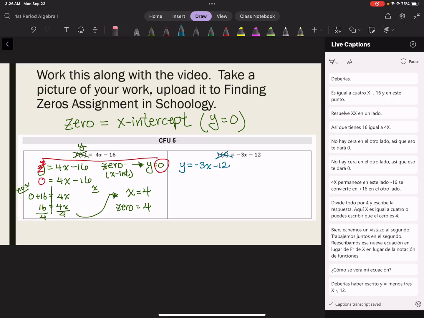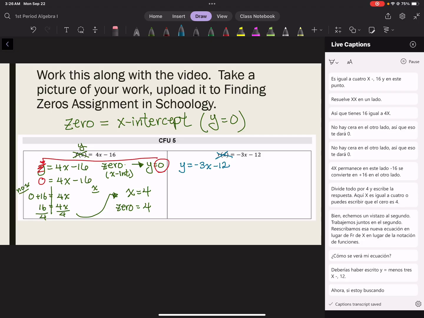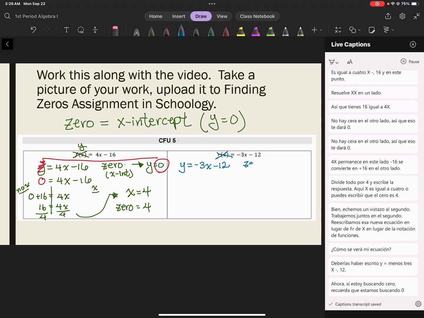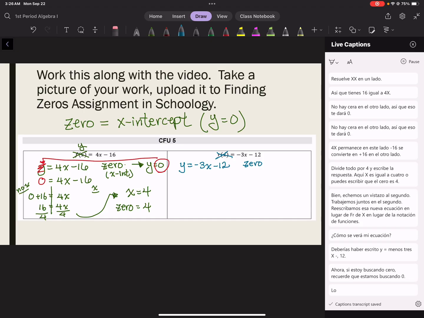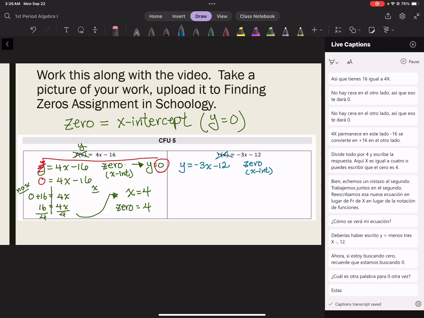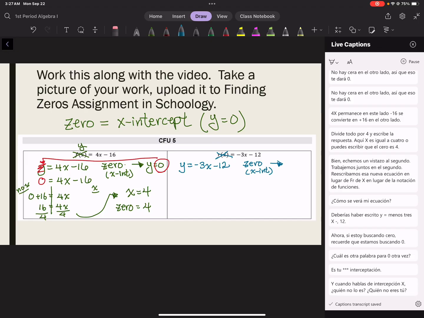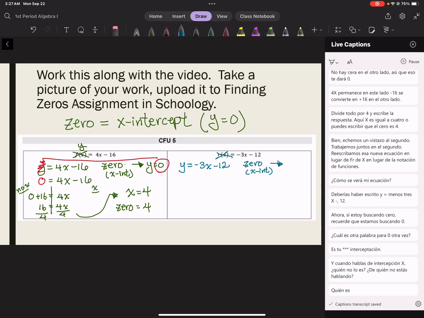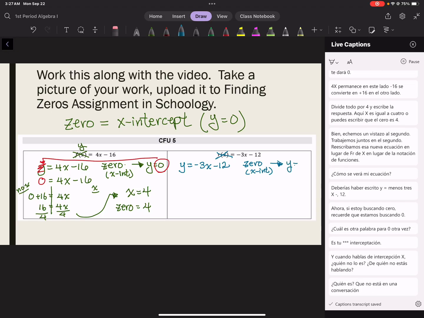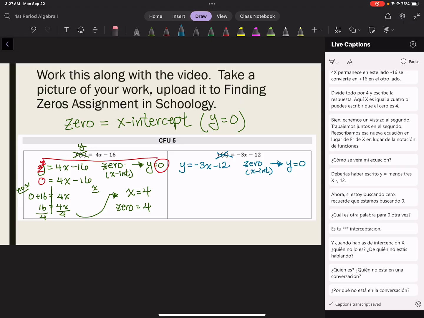Now, if I'm looking for 0, remember we're looking for 0. What's another word for 0 again? It's your x-intercept. And when you're talking about x-intercept, who are you not talking about? Who is not in the conversation? Y is not in the conversation. So y is equal to 0.